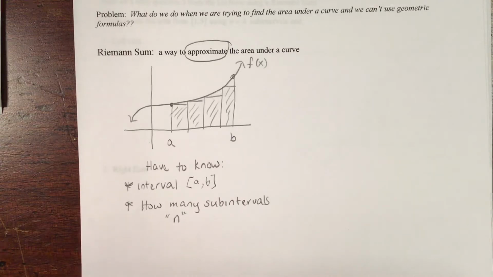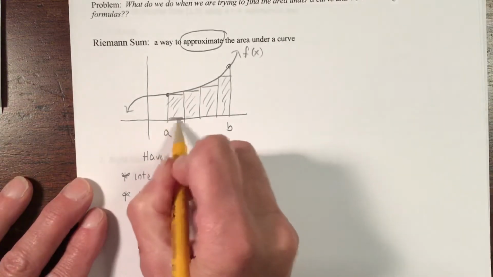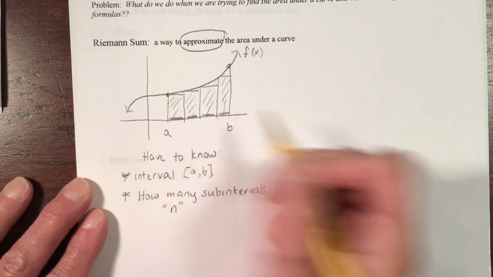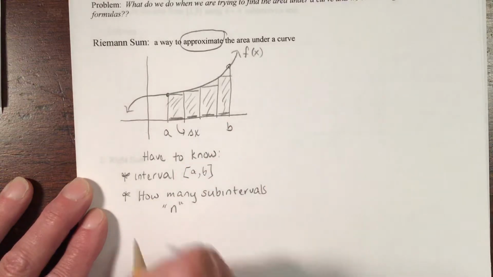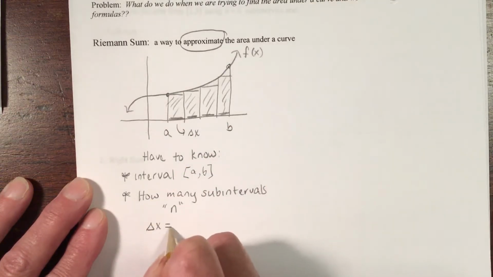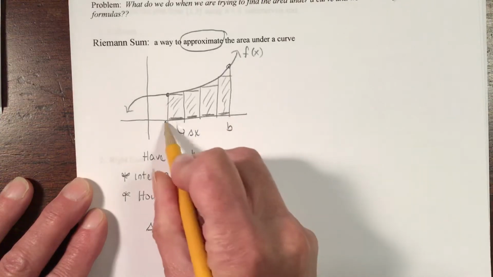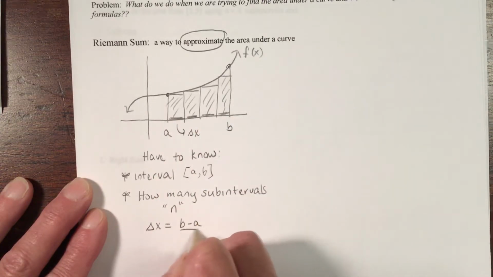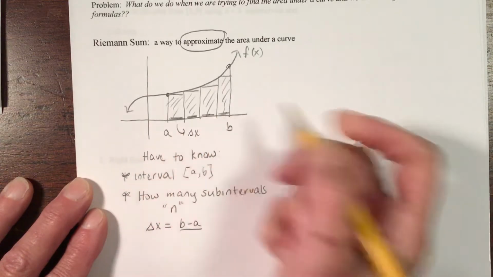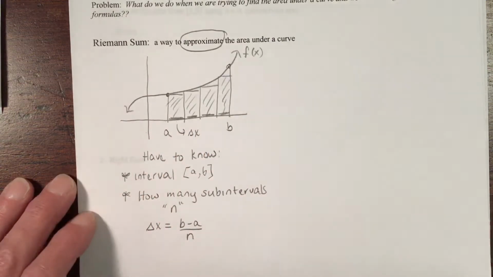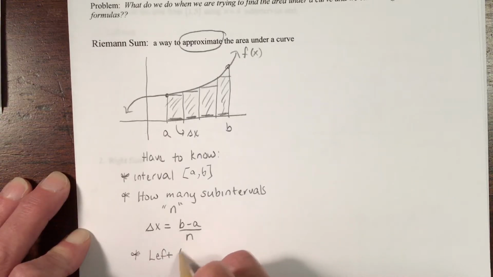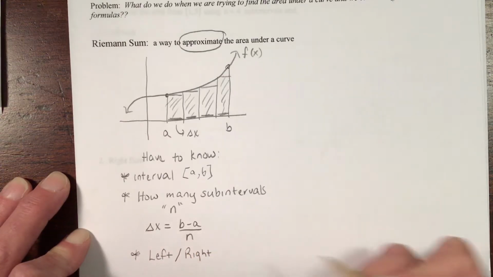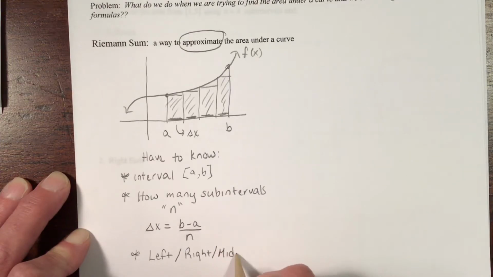And that value is going to help us find the length of each base, which we're going to call delta x. So delta x is going to be b minus a, and then we're going to divide that by however many pieces we're breaking this into. And lastly, we need to be told whether or not we're going to use a left sum, a right sum, or a midpoint.